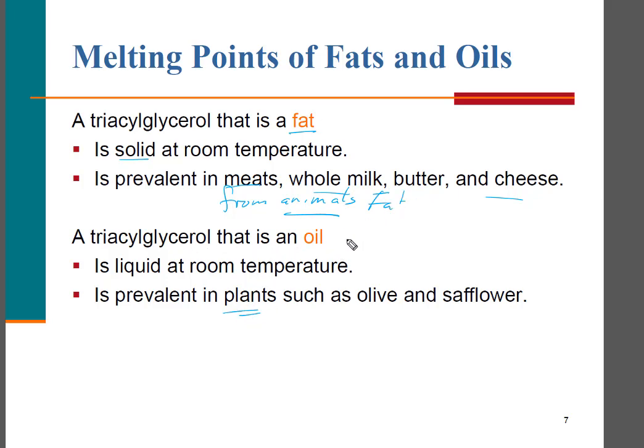So we talk about vegetable oils, animal fats. And a lot of this, again, really has to do with the fact that these guys are saturated. So saturated fats, unsaturated fats. These have the double bonds in them, those kinks in the molecule.